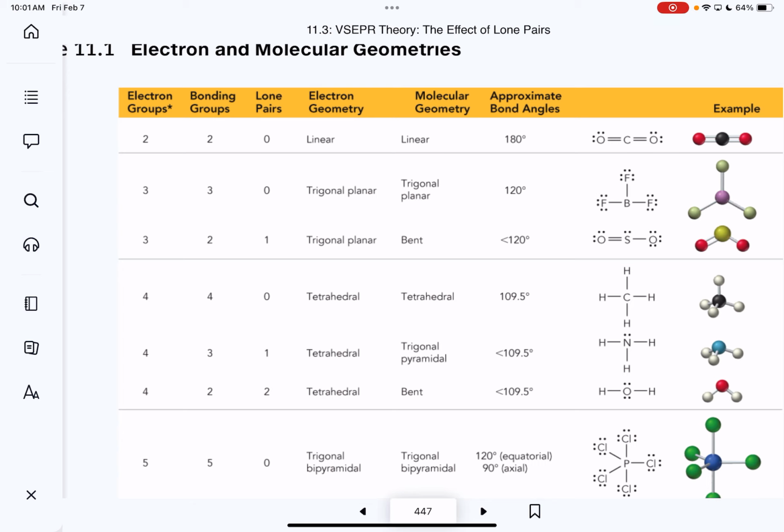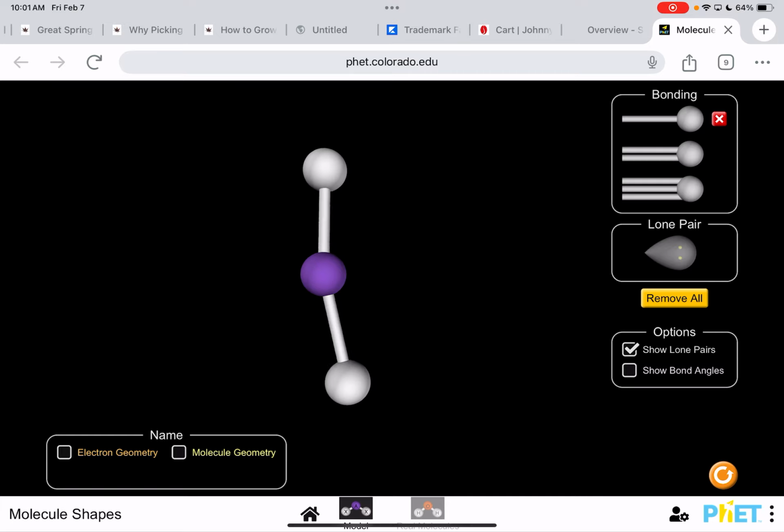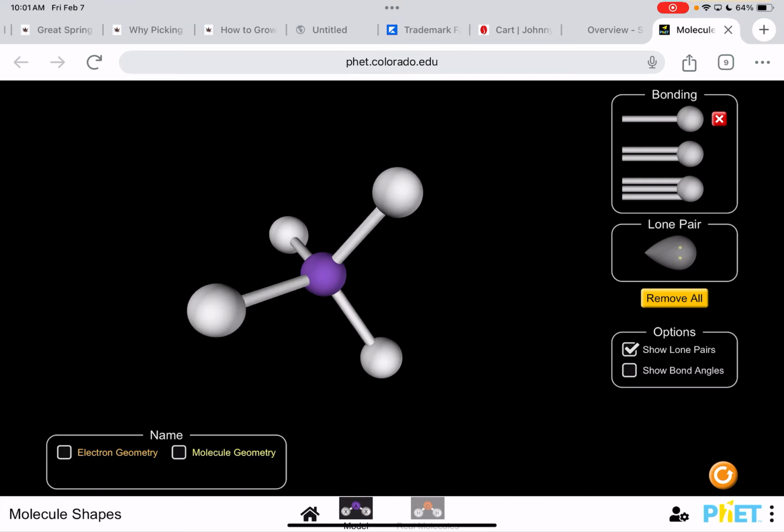So the stuff we're talking about today, polar molecules, you have to be able to visualize the molecule in order to understand how polar bonds are going to interact with each other in a given molecule. So when I say tetrahedral, I want you to be picturing this shape, right?